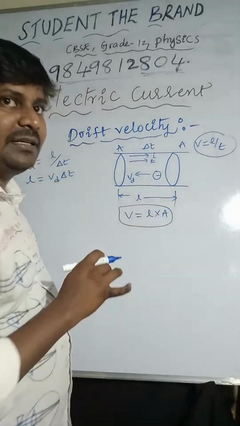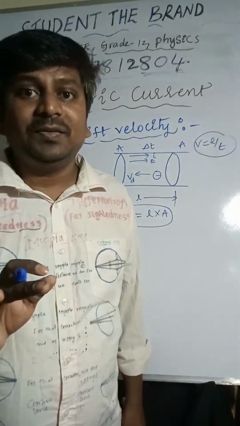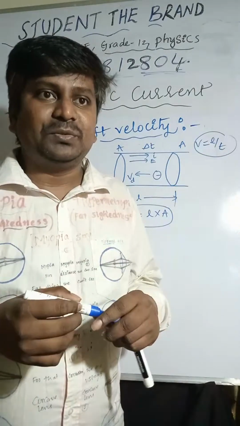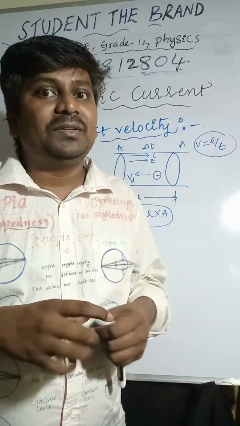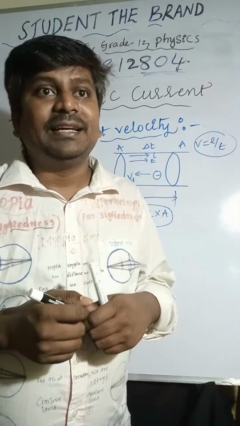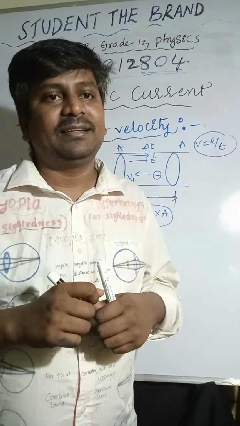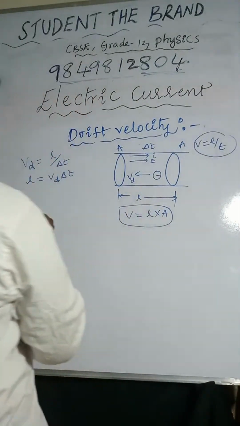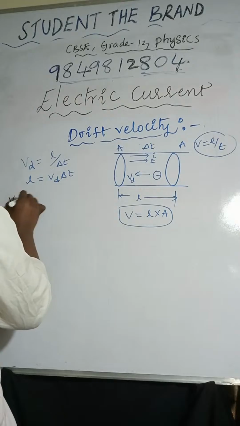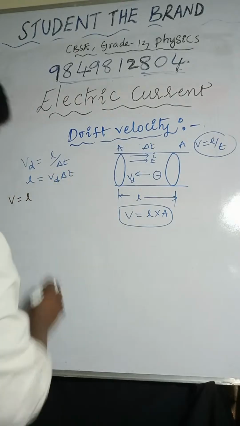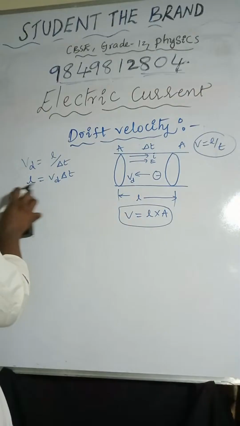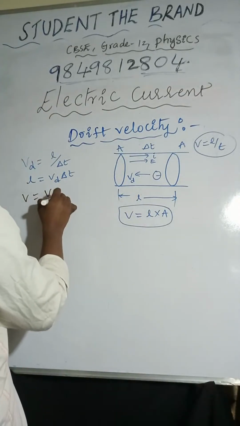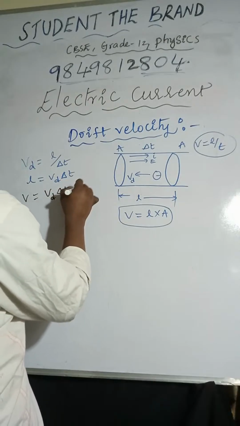Is it correct? Volume equals length into area. Is it true or false? Yes, it is true. Correct. So now we can take volume equals length into area. Volume equals Vd into delta t into A.